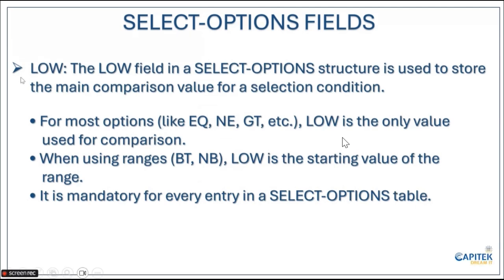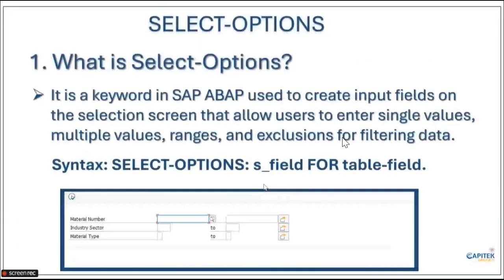Next field is low. Low means the field which appears on the left side on the selection screen, the first field after your field label. If you see the example given here in the material number example, this field is the low field and this field is the high field.